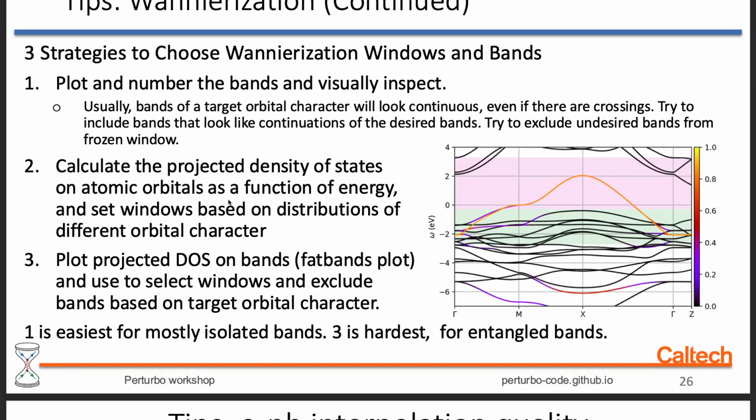So 2 strategies here are to calculate the projected density of states as a function of energy and see, okay, the d orbital character goes over a certain energy window, or to do what's called a fat bands plot, which is shown here. And that's to do a projected density of states for each k point and use that to see which bands have the associated orbital character of the orbital that I'm thinking about.